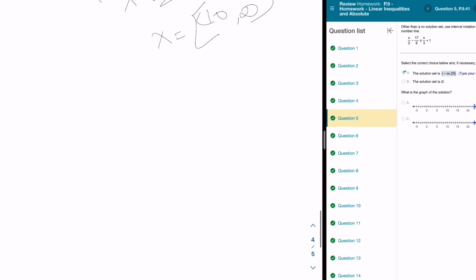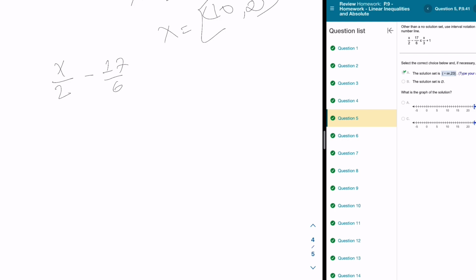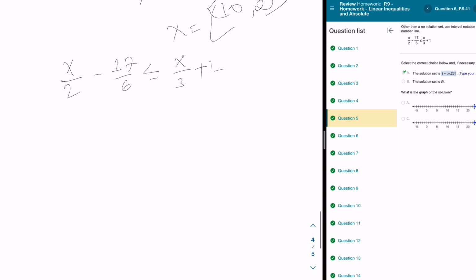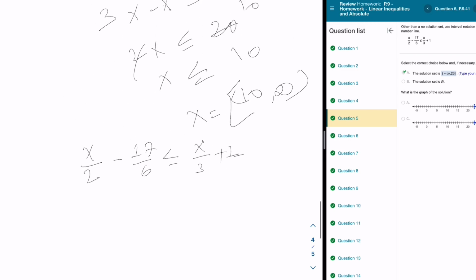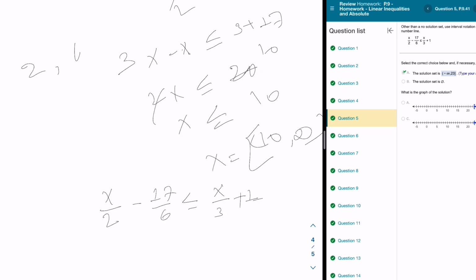Again, let's solve. x by 2 minus 17 by 6 plus 1. Oh, I think taking the LCM.